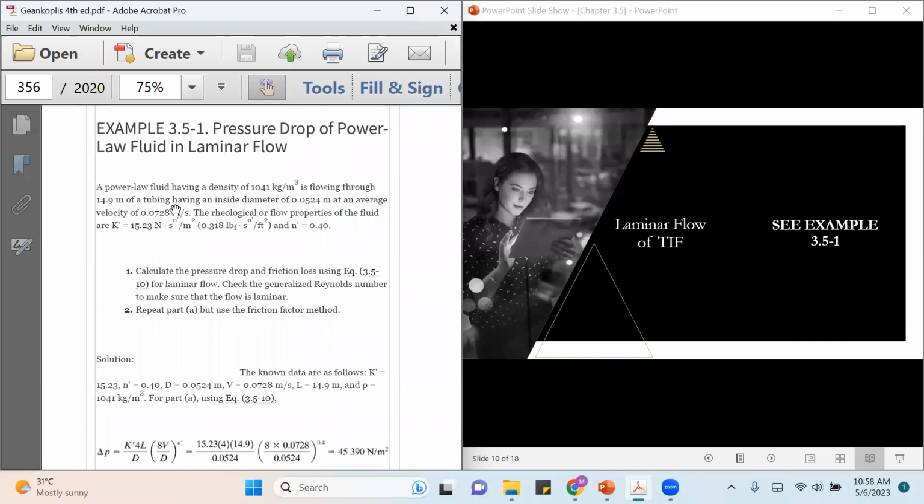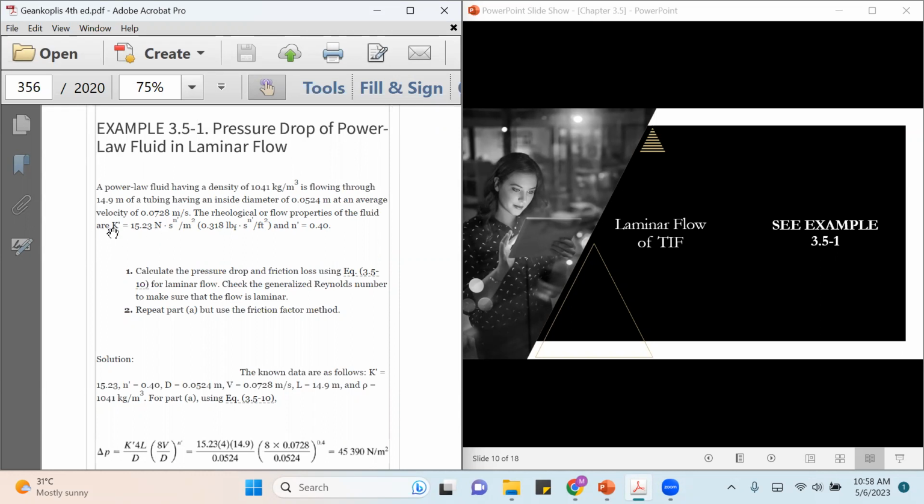We have a power law fluid having a density of this, flowing through a tube with this length and diameter at an average velocity of this. So this is the V, this is the D, this is L, this is density, and then the flow properties of the fluid are this.